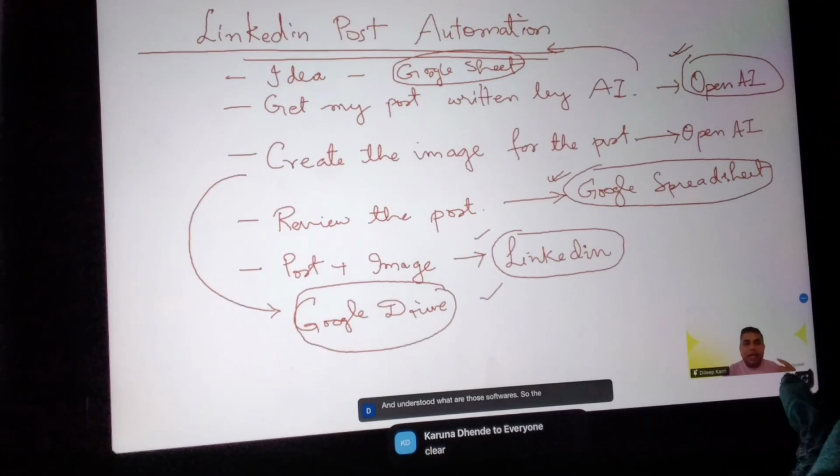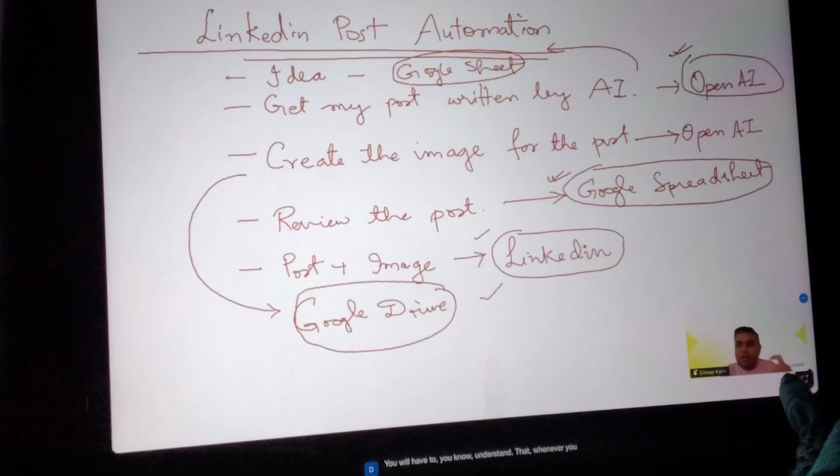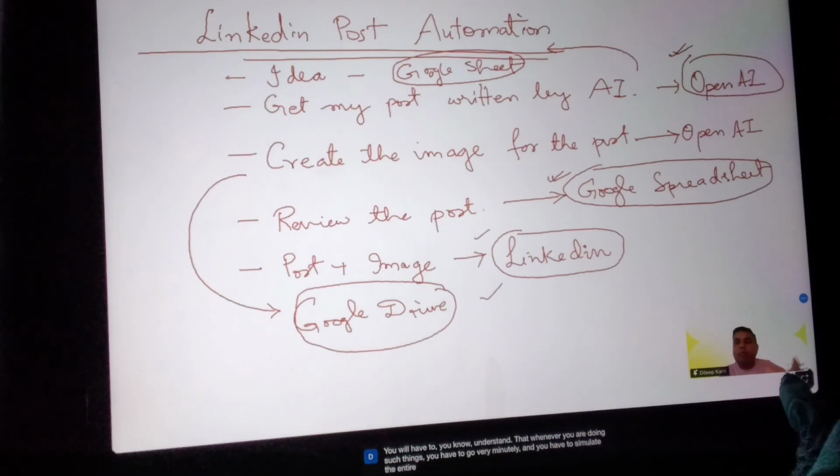The way you have to think about this is that whenever you are doing such things, you have to go very minutely and you have to simulate the entire process humanly. Okay, so if you have an idea, where do you put the idea? Sometimes it's in your head, but an idea in your head isn't the right way to do the automation.